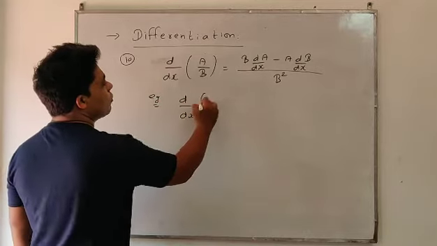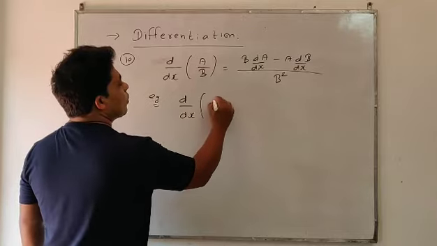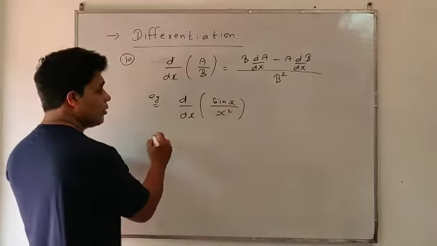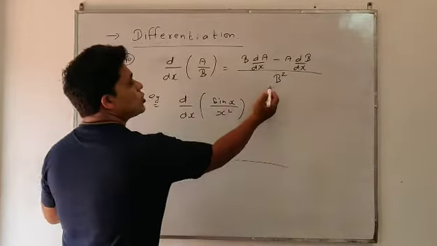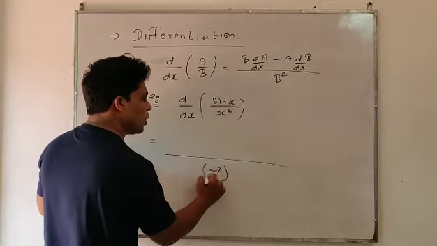Now students, I'll give an example: d by dx of sin x by x square. The denominator is b square, which means x square whole square.